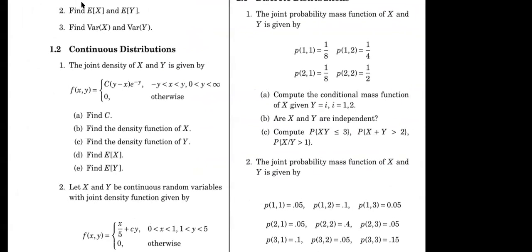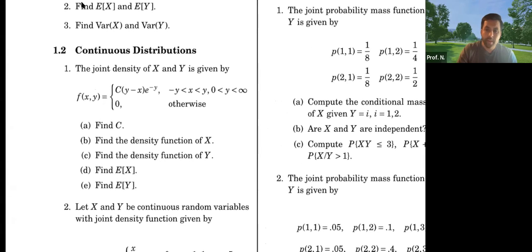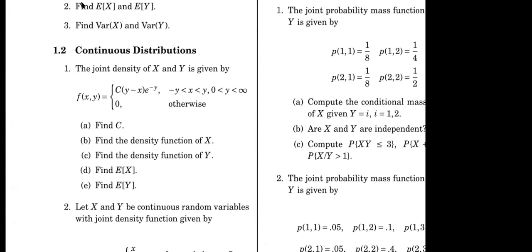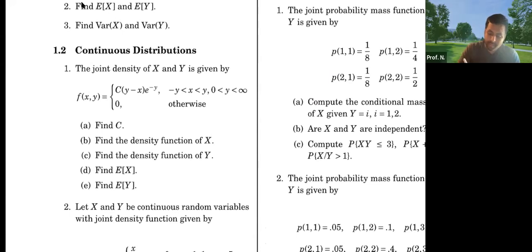Sometimes it would come out to zero, sometimes it would be undefined because I was doing the calculation poorly. But do you think maybe we can do one with infinity as a bound, just to go over that? Like maybe we can do the density function of part C, 1.2 number one, part C, or whatever else you think would show that. Okay.